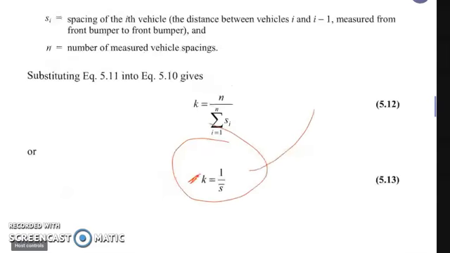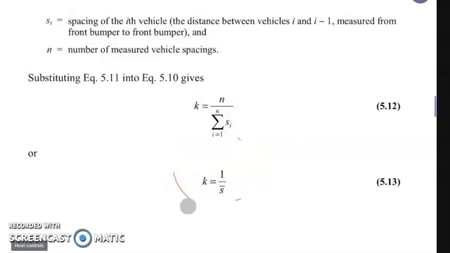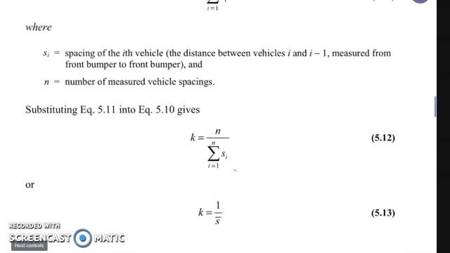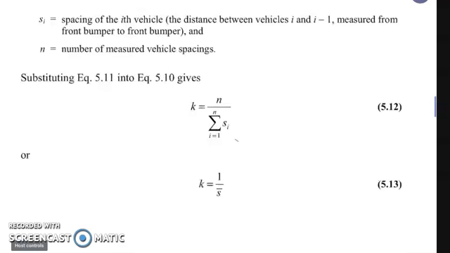Basically, K is equivalent to, if we substitute the value for L in our equation, from K is equal to N all over L, this equation: N all over the summation of S of I for the traffic density, where I is measured from 1 to N. This is our traffic density.